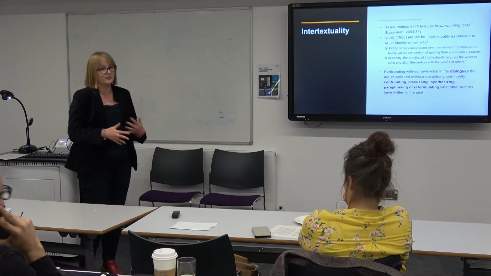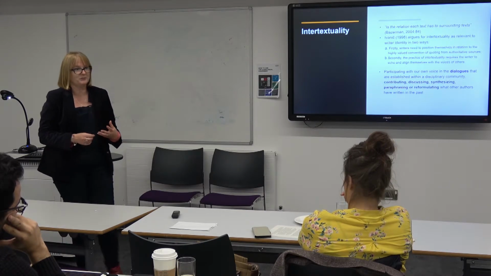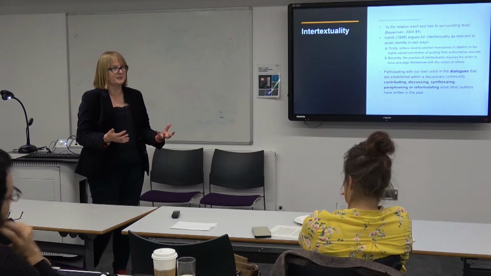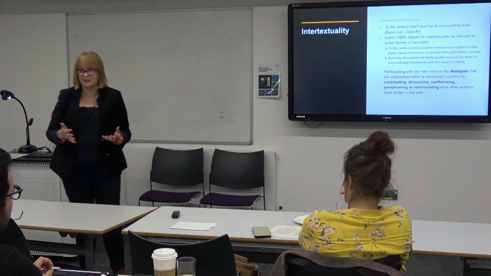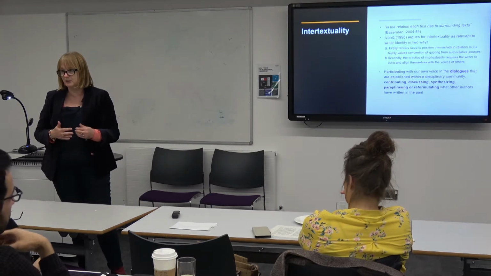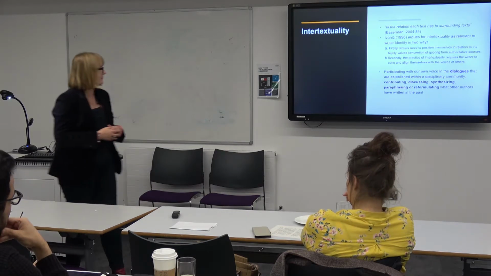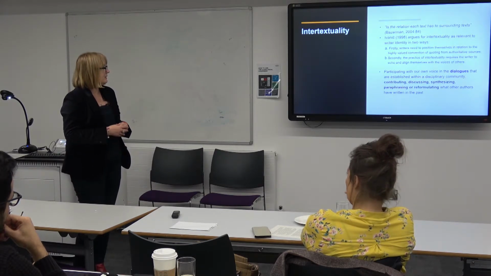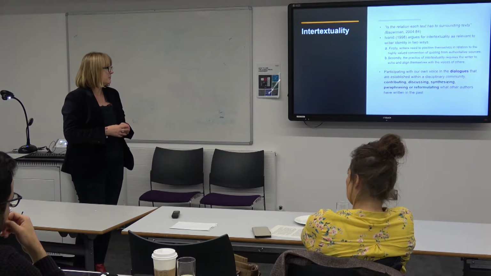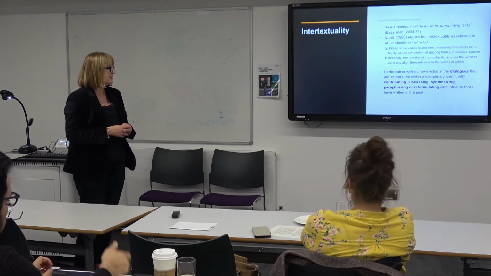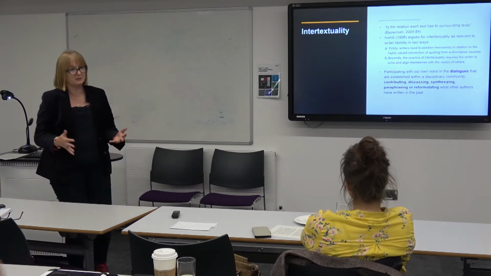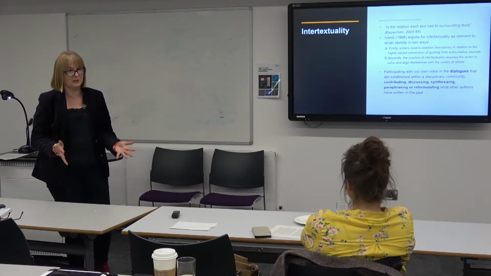So not only do they have to cite those resources accurately, they have to take a position in relation to those resources: agreeing, disagreeing, evaluating. And secondly, the practice of intertextuality requires the writer to echo and align themselves with the voices of others, but they also have to develop their own voice, and that is a big challenge.